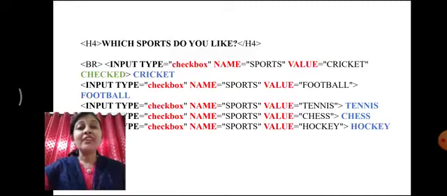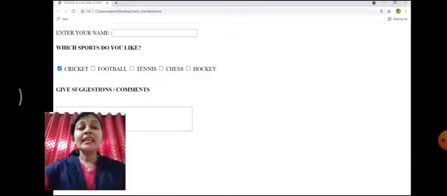After that we have written checked. Checked means by default the cricket should be clicked. For that purpose we are using checked. If you want, you can change from cricket to football, tennis, chess, hockey, whichever you wish.